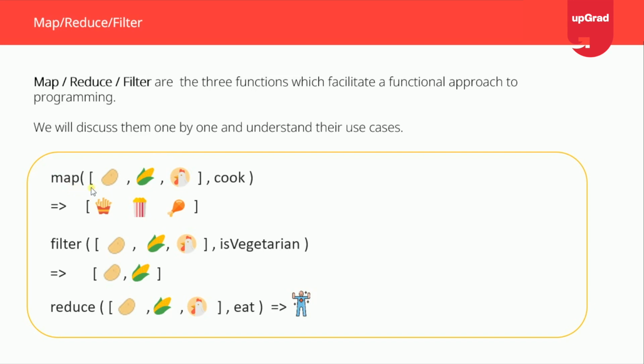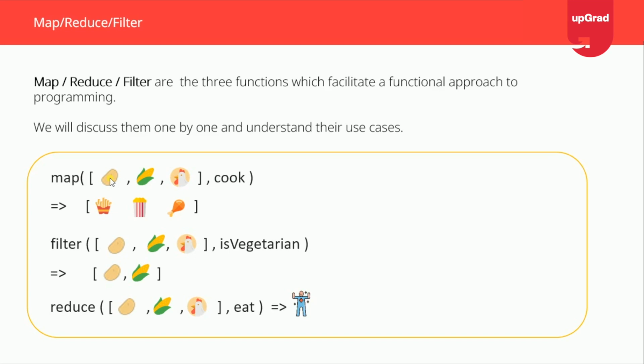So here, the map function has got some list and some items here. And there is a function here which will be applied on each item of this list. So what the map function does, basically, it applies a programming logic in the form of a function on each item of the given data.